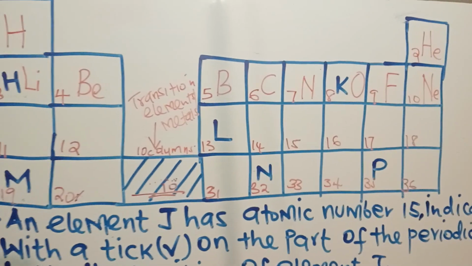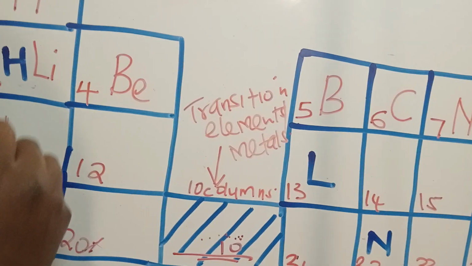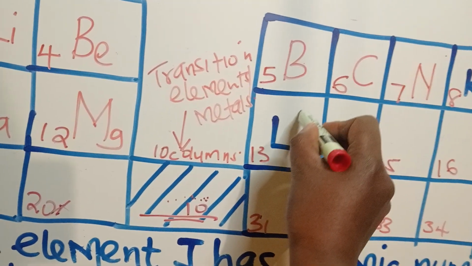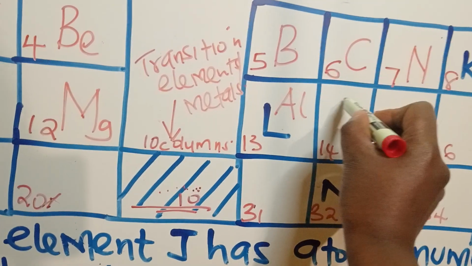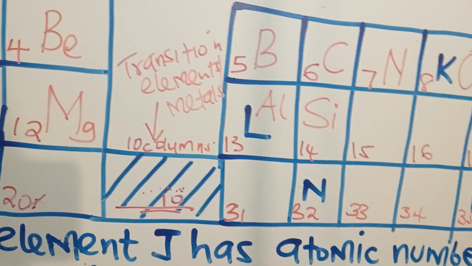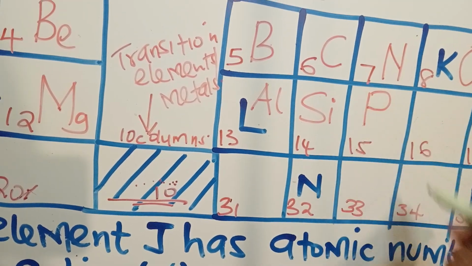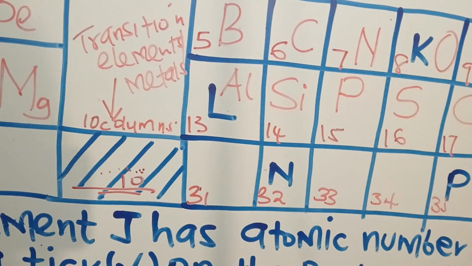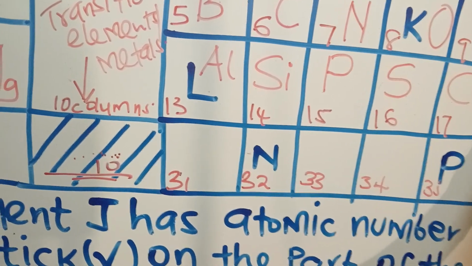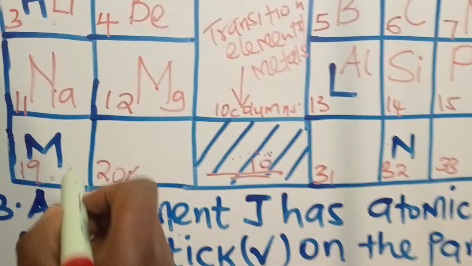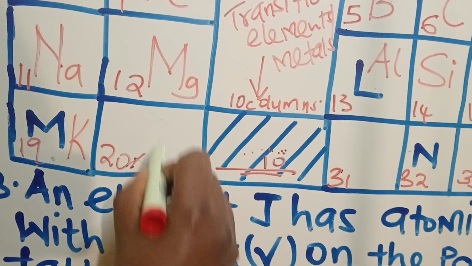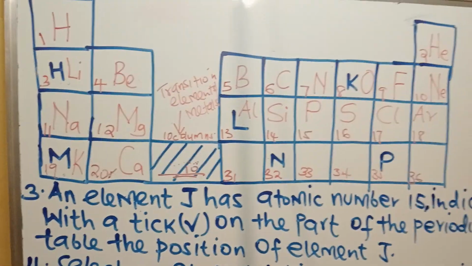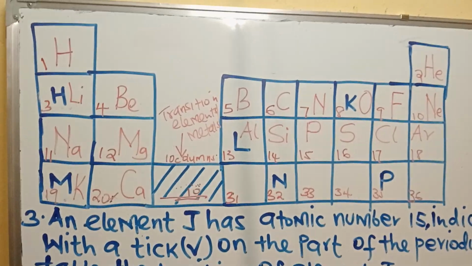I hope you can see. Then sodium, then magnesium, then aluminum, then silicon, then phosphorus, then sulfur, then chlorine, then argon, then potassium, and then finally for the first 20 elements we have calcium.